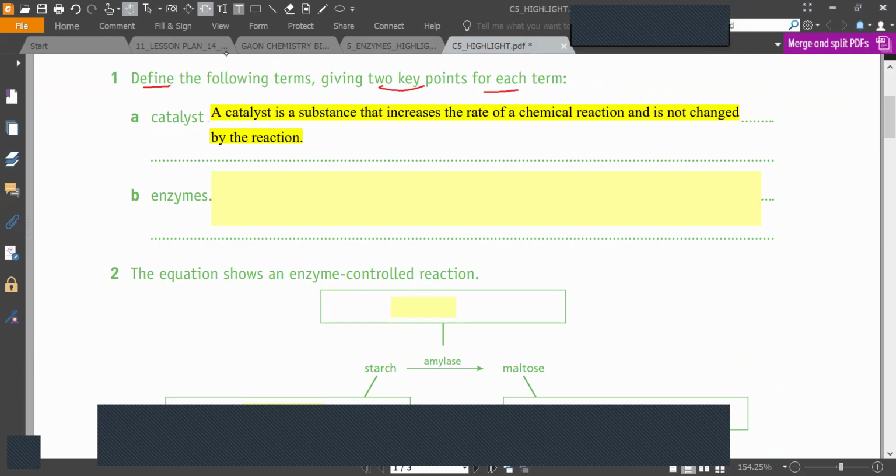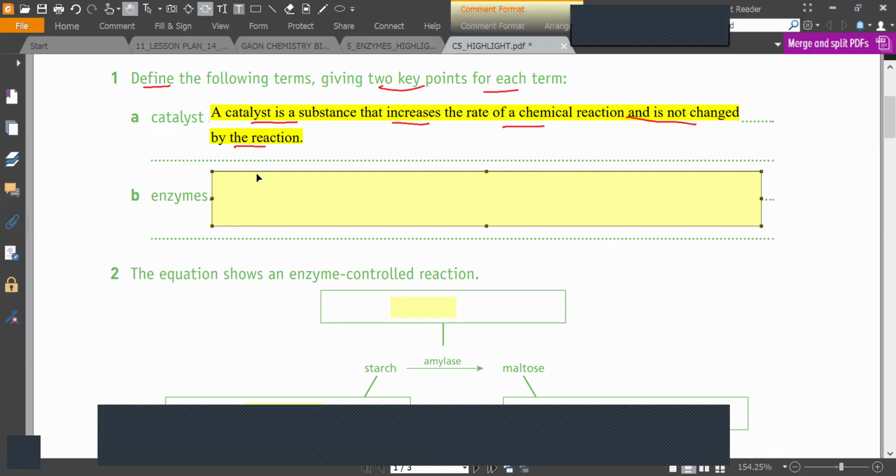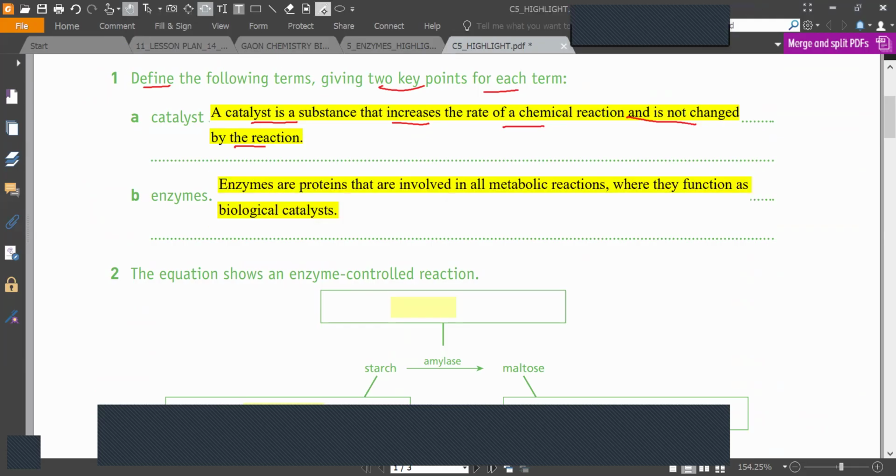Catalyst: a substance that increases the rate of chemical reaction and is not changed by the reaction. Enzymes are similar: they are proteins involved in all metabolic reactions and their function is biological catalyst. So they speed up the chemical reactions in the body.